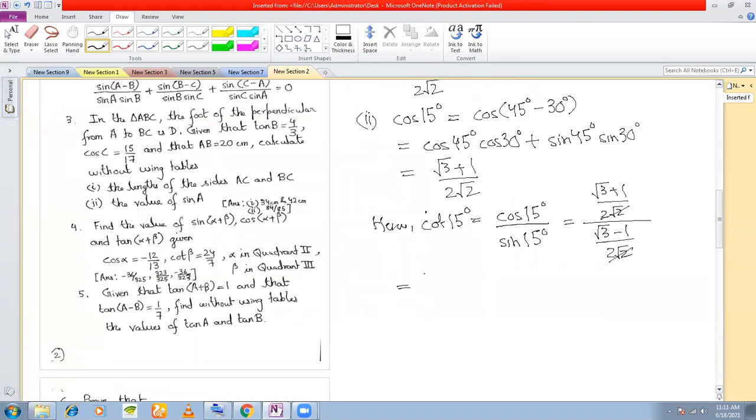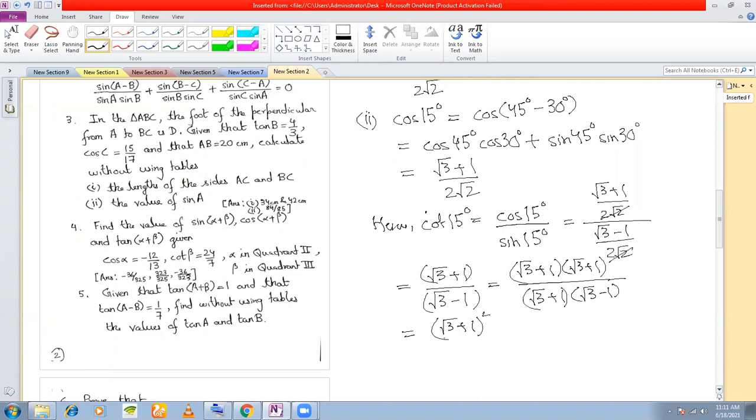So these two will cancel. Root 3 plus 1 by root 3 minus 1. Rationalize the denominator, multiplying numerator and denominator by root 3 plus 1. Okay, so you get root 3 plus 1 whole square divided by root 3 square minus 1 square.